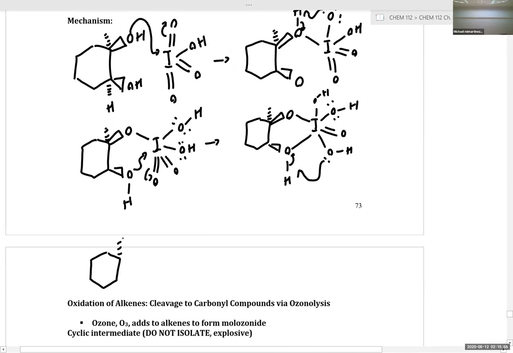After our second proton transfer, we now have this cyclic intermediate.